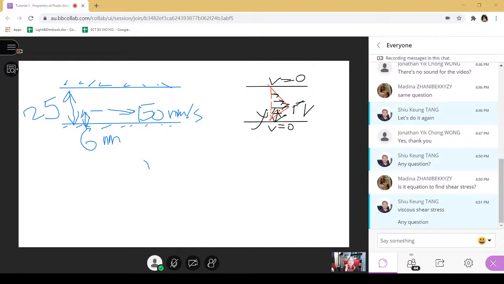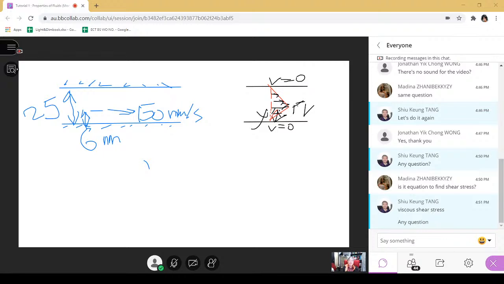So we have a velocity profile like that. The velocity gradient is easy. The differential velocity is v minus 0, so it's v, and the distance between the plate and the wall is y. So the velocity gradient is just v divided by y.